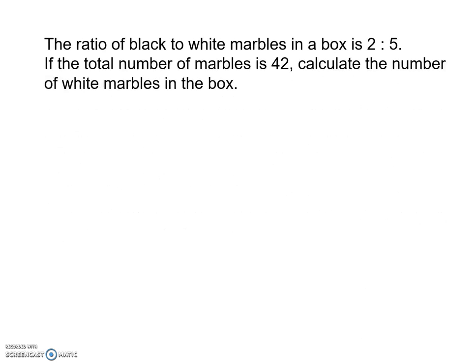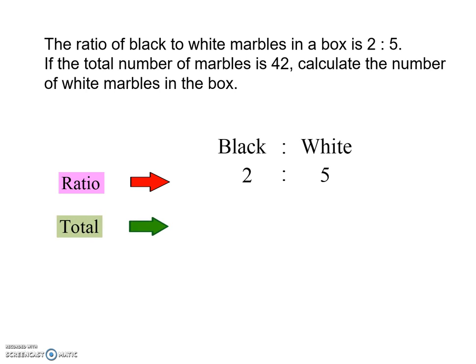Third question. The ratio of black to white marbles in a box is 2 to 5. If the total number of marbles is 42, calculate the number of white marbles in the box. So black and white, we have ratio 2 and 5. The total for black and white is not given separately.